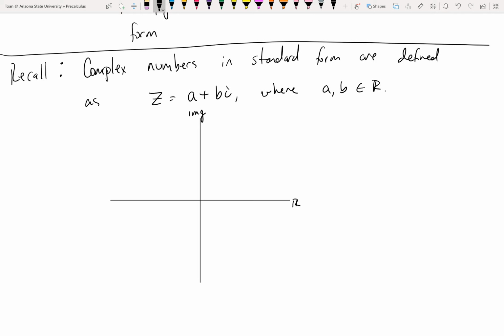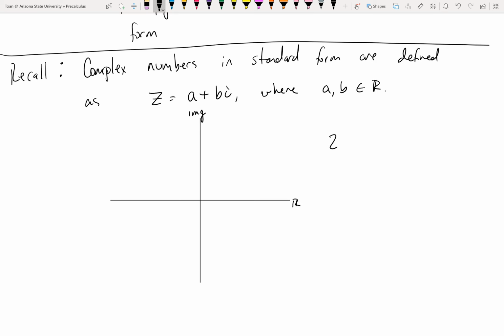So every single complex number can be represented as a coordinate. What we just learned in 8.1 and 8.2, anything that can be represented as a coordinate can be represented in polar form.